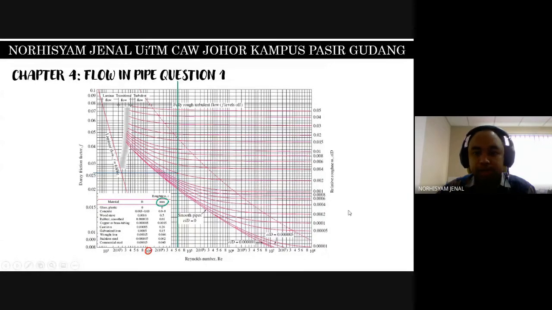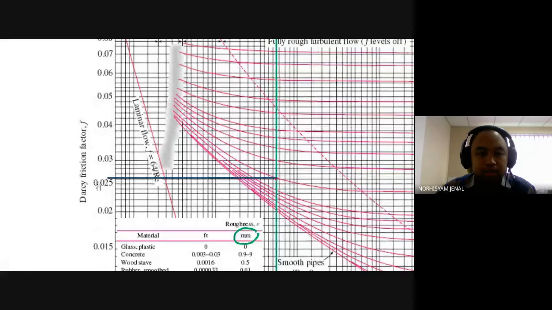So we draw a line and then 0.002 here will be the relative roughness. Okay, and then here will be the Darcy friction factor.